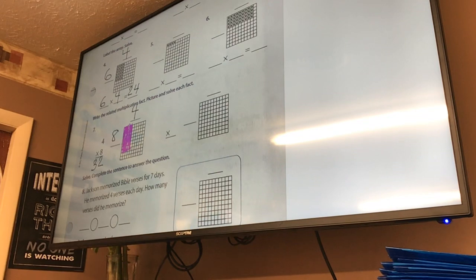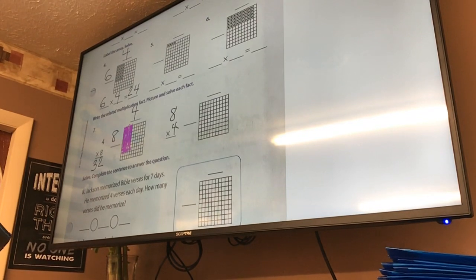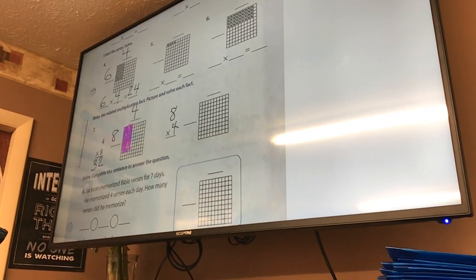All right, now what do they want us to do? Yes, commutative property of multiplication. So this time, what number needs to be on the bottom? 4. And what number needs to be on top? 8. So that means we're going to put the 4 on the side and the 8 on top.